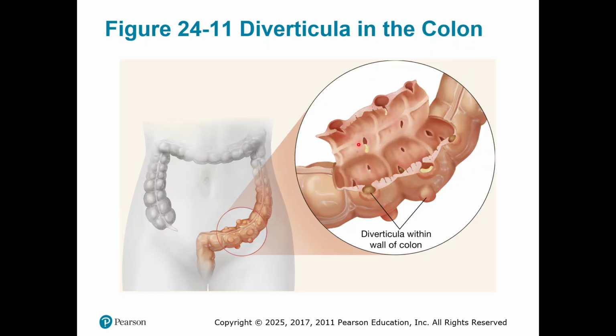See, these form on the actual large intestine or the colon here, and as feces moves through, it opens them up. And when they get opened up, they get infected. And so that's diverticulosis. Once it becomes infected, it's diverticulitis.